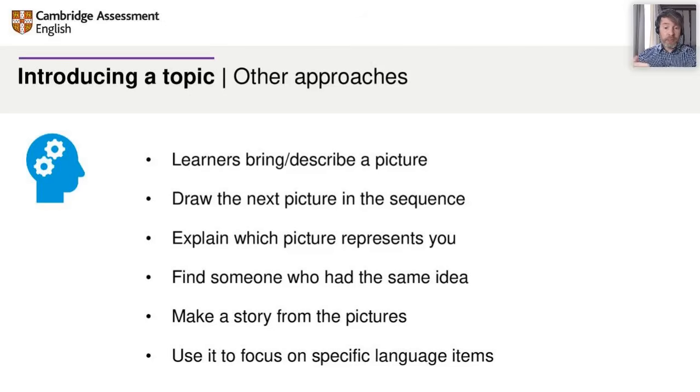You could ask them to make connections between the images and their lives by asking them which picture represents them. Again, you could make it more communicative by asking learners, after they've decided which picture is the odd one out and why, to find someone else who had a similar idea and the same reason behind it.